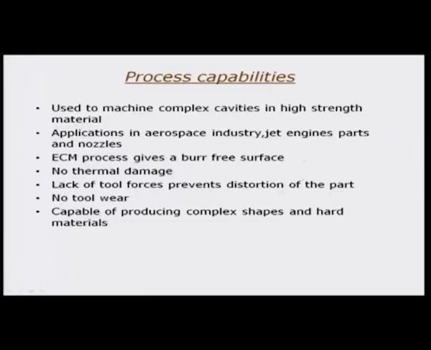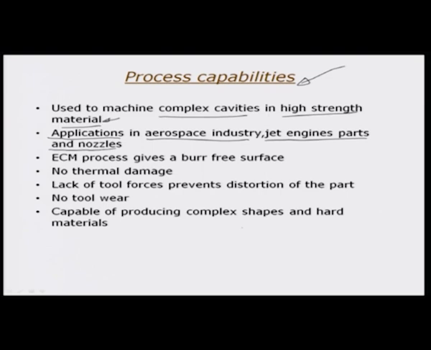So, in a nutshell, if we look at the process capabilities of the ECM, you can use this to machine complex cavities, particularly with high strength materials, composites or domains in that region. It finds wide applications in aerospace industry, jet engine parts, extremely complex and needing high strength and dynamic in nature, and nozzles, okay.